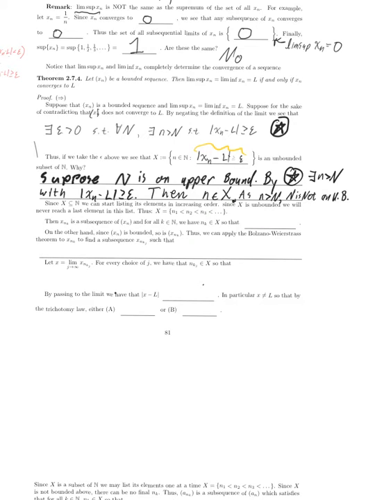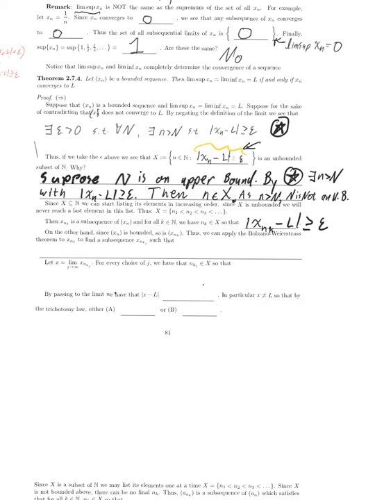That means that n sub k satisfies the defining condition of the set X. It satisfies this condition. So what does that mean? That means that absolute value of x sub n sub k minus L is bigger than or equal to epsilon. Okay, so I do promise that I'm getting close to having the result. It may not seem like it, but I am very close.